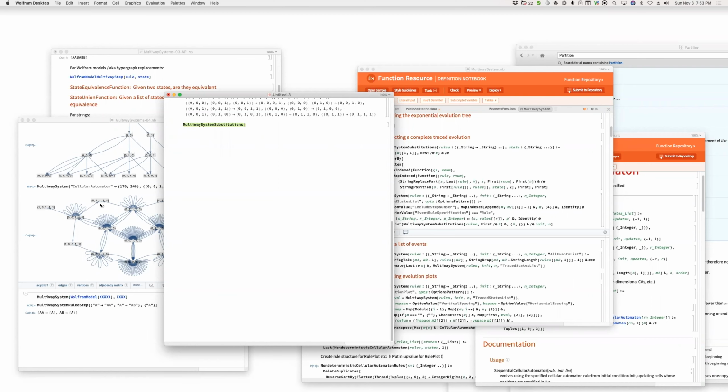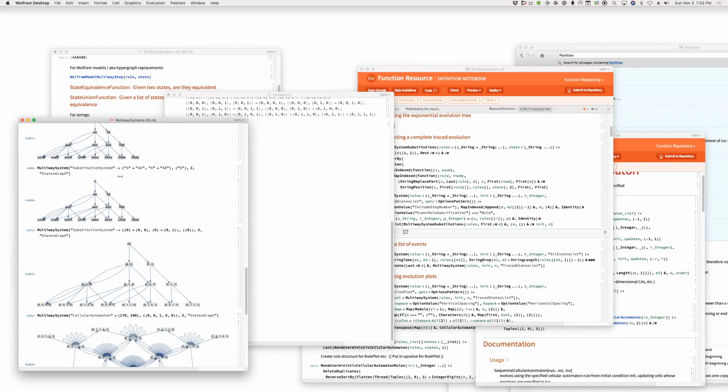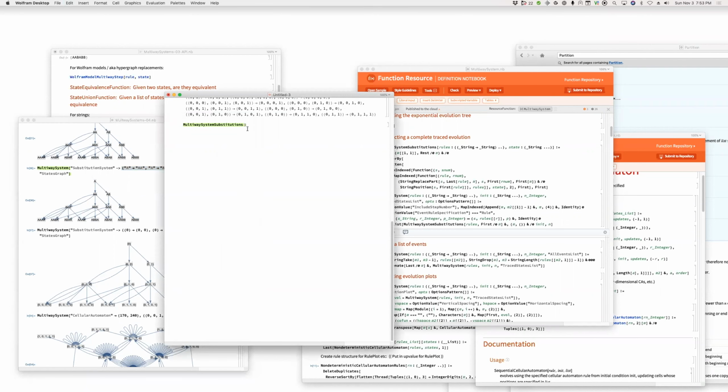Okay, so now let's get a rule here. Okay, so that is now a certain format.